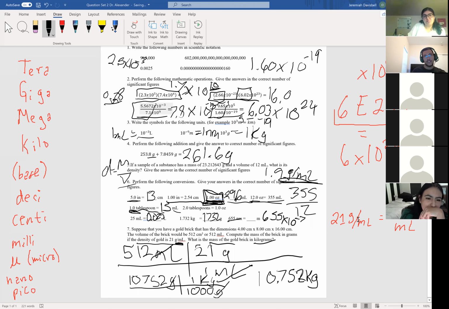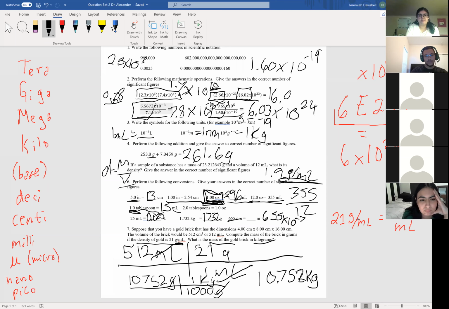Isn't it supposed to be between 1 and 10? I think you're talking about scientific notation. Yes. Oh, so then we'd just be 11?